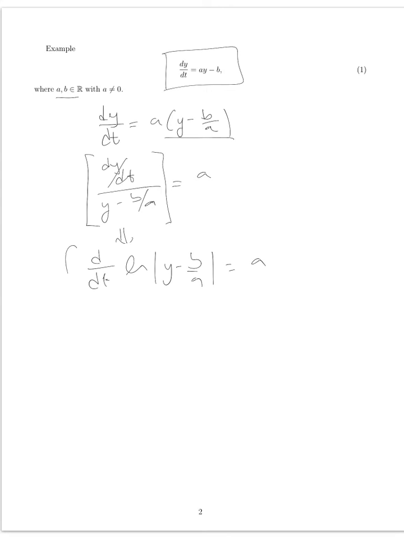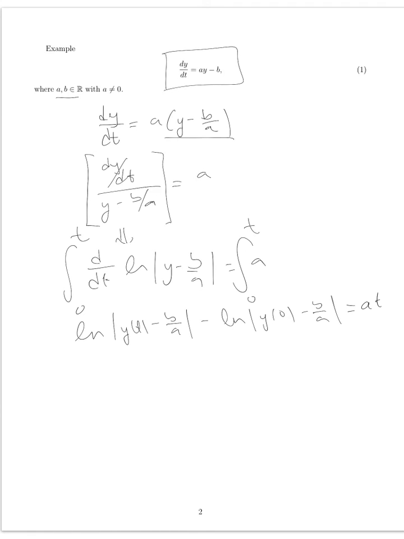And now I'm in a position where I can integrate from 0 to t, or you can integrate from t0, something that's not 0. The fundamental theorem of calculus tells me this is natural log of y of t minus b over a minus natural log of y of 0 minus b over a is equal to at.